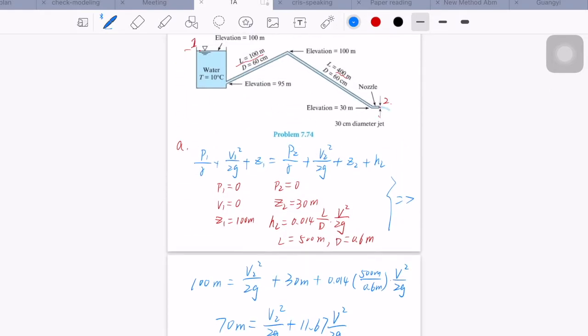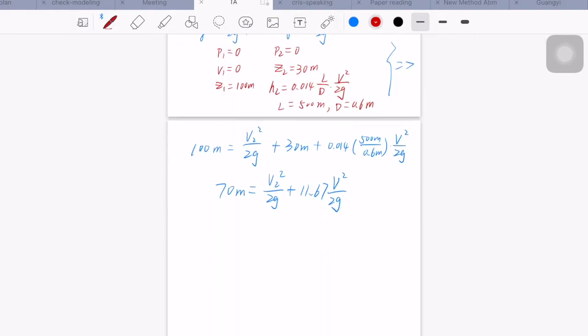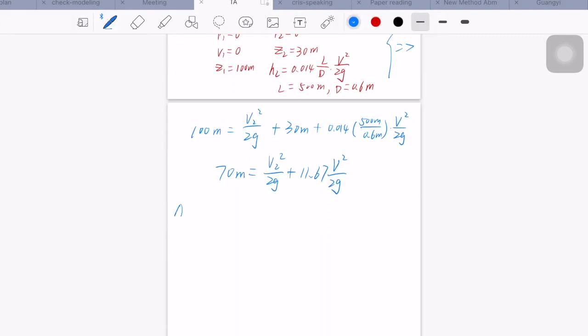And we know there is a nozzle at the outlet, so we apply the continuity equation to the nozzle.